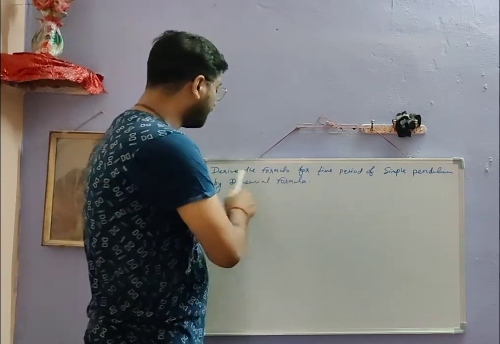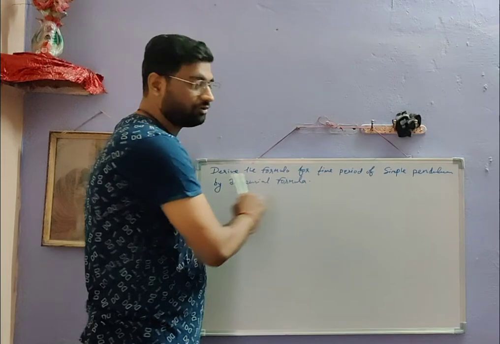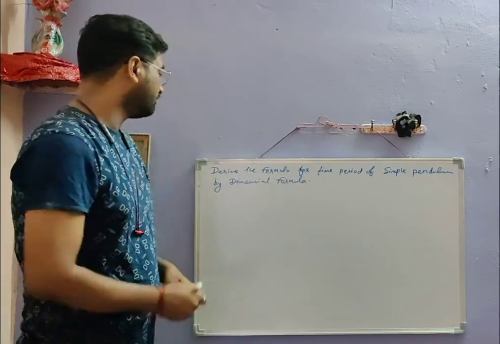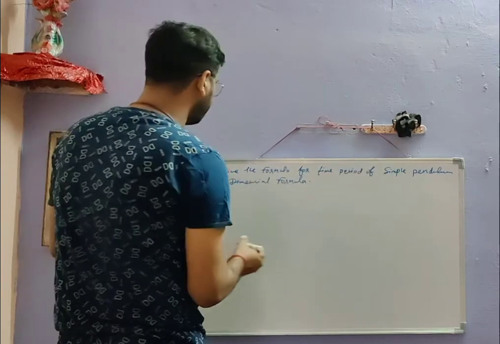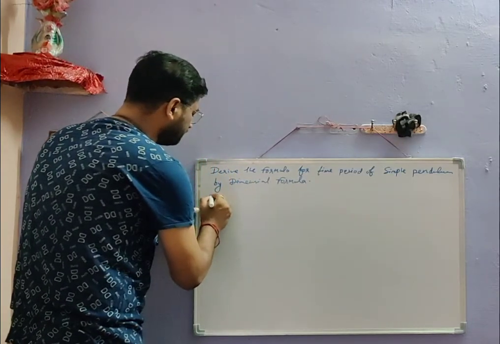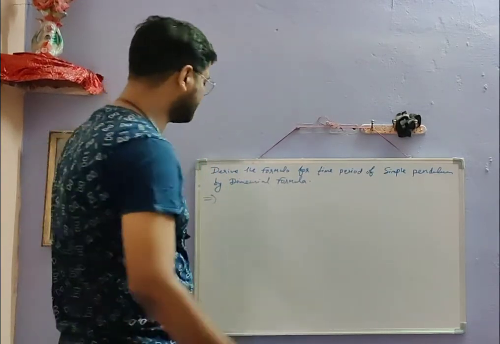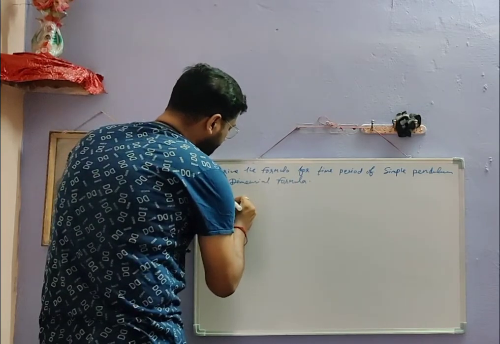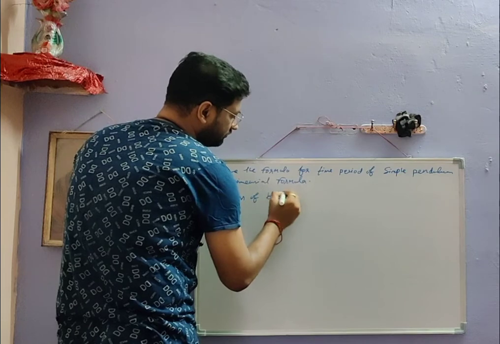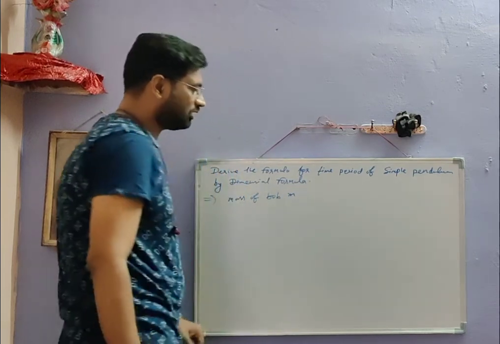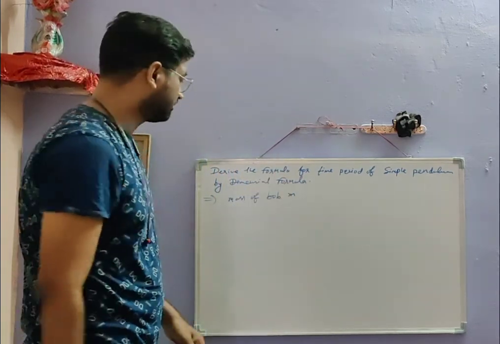Pendulum by dimensional formula. Okay, so we know that the time period of a simple pendulum mainly depends upon three things. First is the mass of the bob, that is small m, a physical quantity.